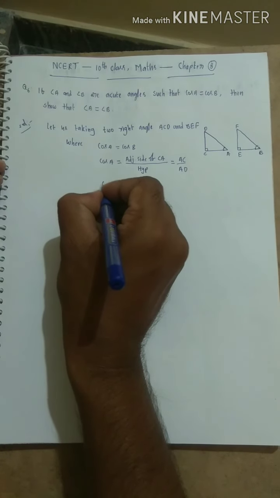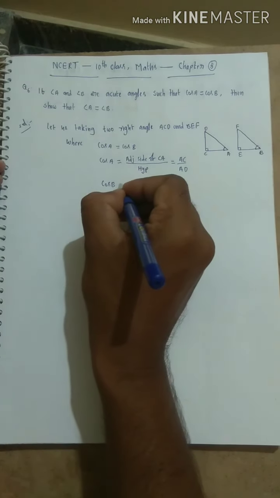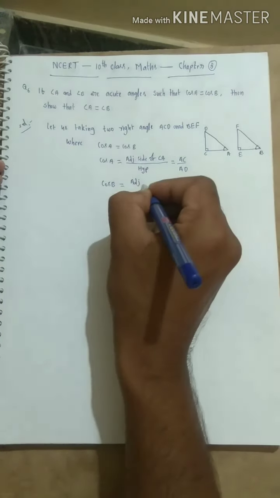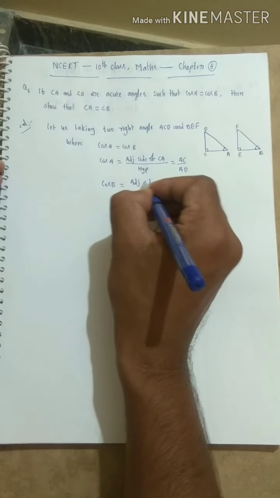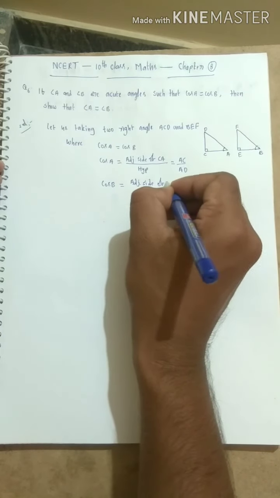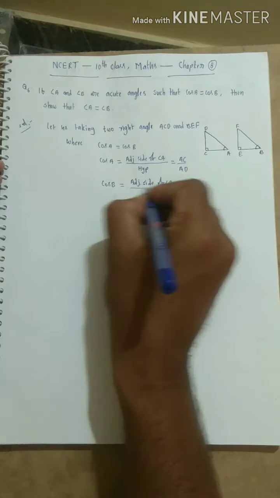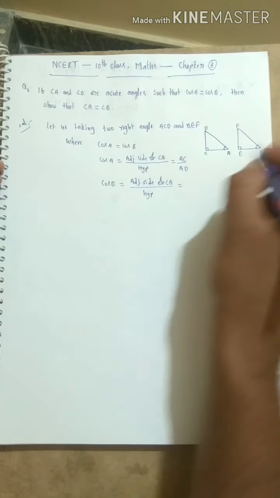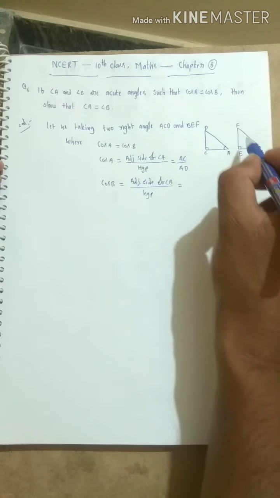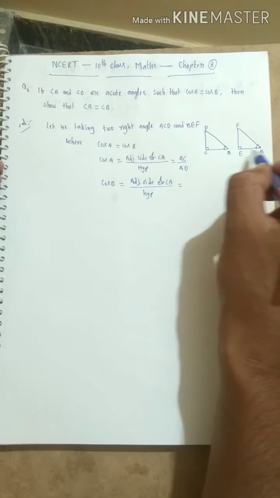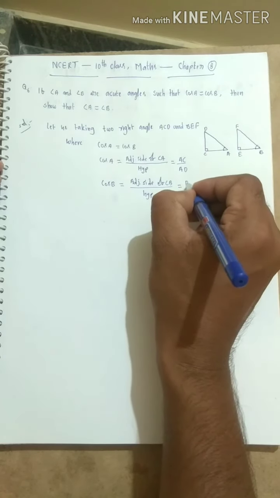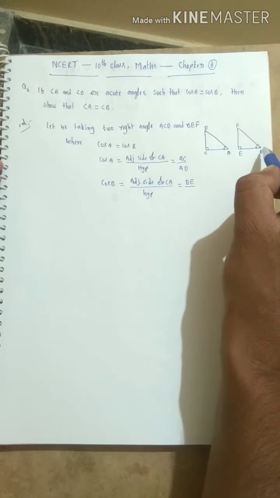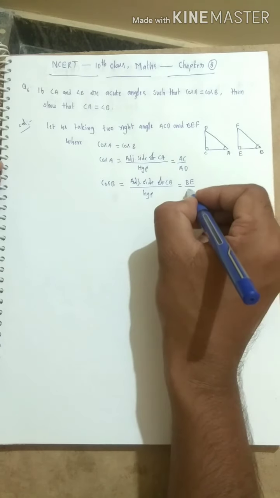Cos B is equal to, formula is adjacent side of angle B upon hypotenuse. Here adjacent side of angle B is BE upon hypotenuse is BF.